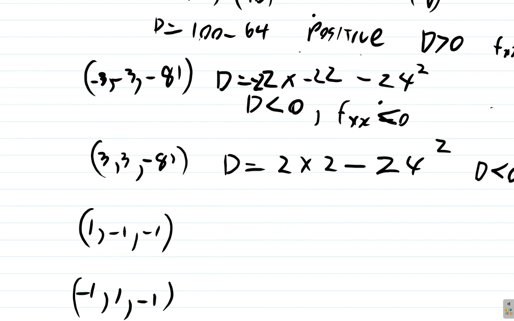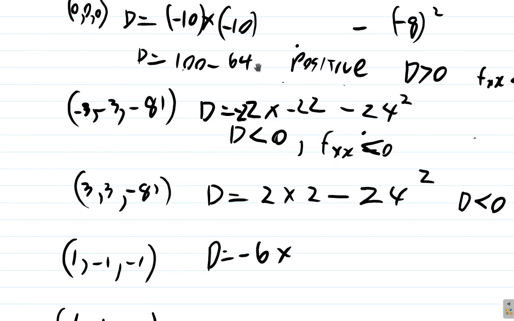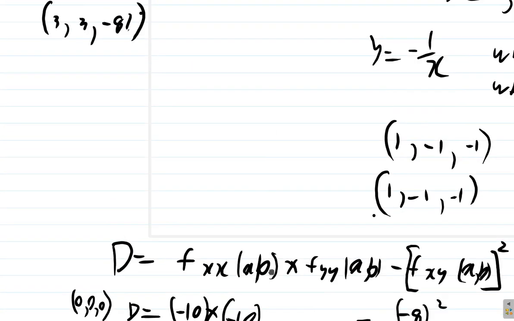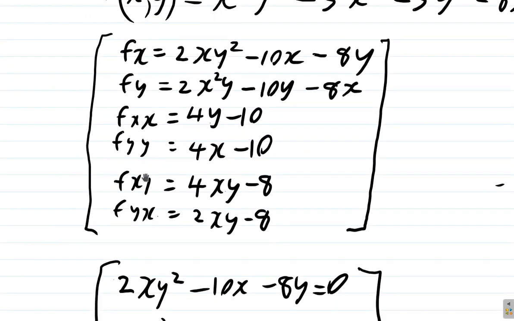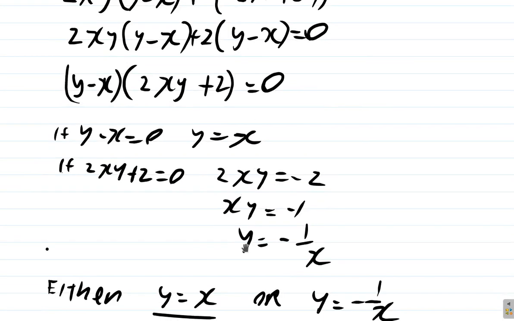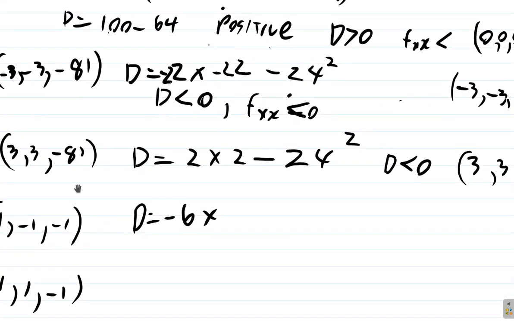So D equals negative 6 times, and then we want to find out what is fyy. x is positive 1, y is negative 1. So 4 by 1 is 4. 4 minus 10 is negative 6.